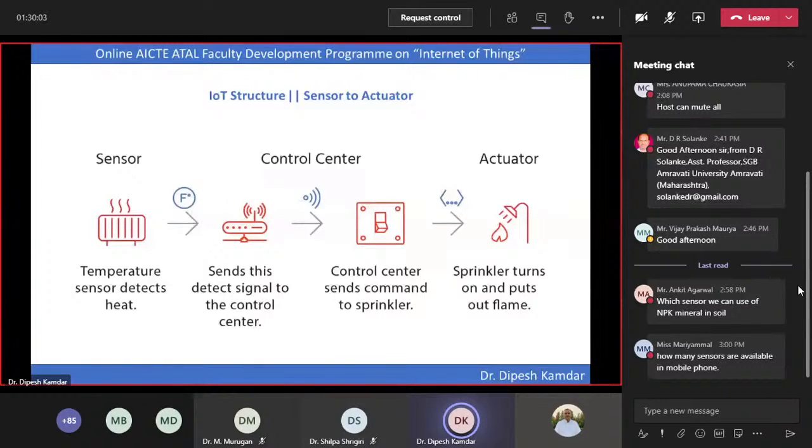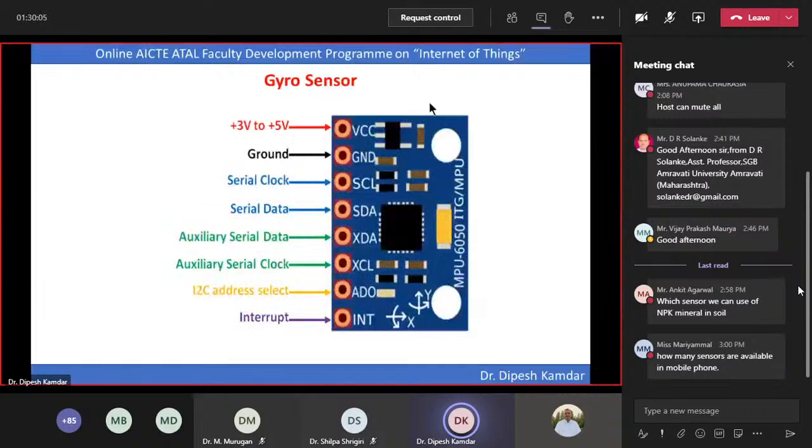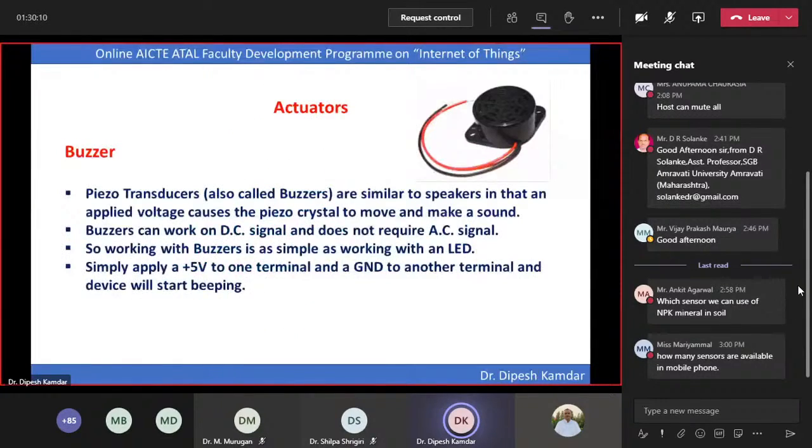Normally, the first actuator device which we use is a buzzer. It works on the principle of the piezo transducer. It works on DC. We just need to supply it with 5 volts and it will generate sound.